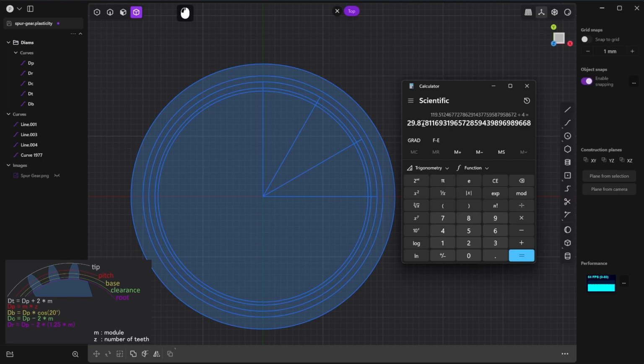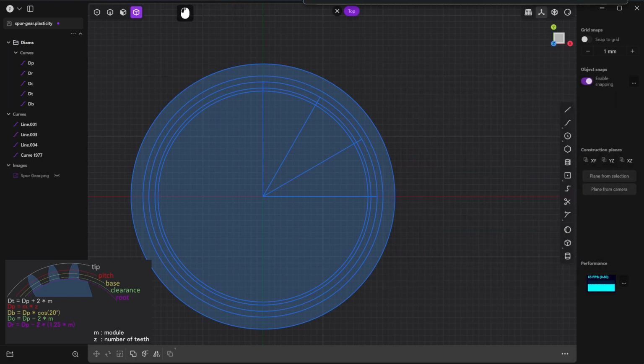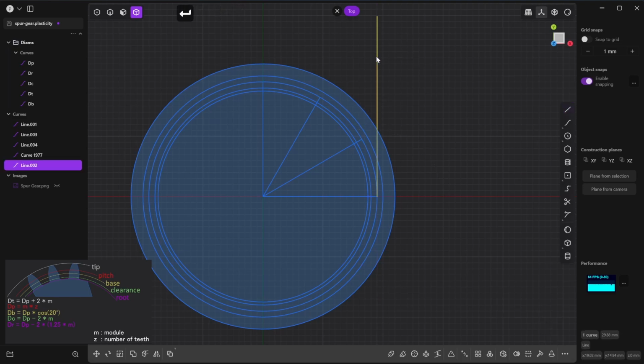And we get 29.871. So this is the length of the first construction line that we need to create. Very important, 90 degrees. 29.871. The length of the next construction line should be equal to 2/3.